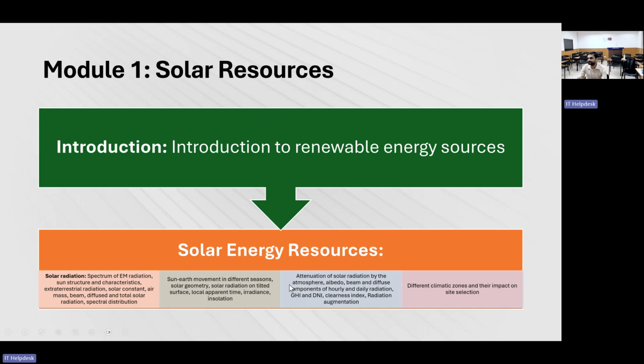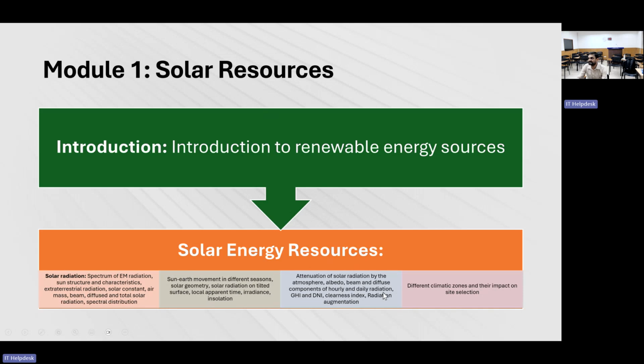Now coming to the other principles and phenomena related to the solar insolation coming to the Earth's surface, like albedo, beam, diffused components of hourly, daily radiation, GHI, DNI, and clearness index. These will be covered in the third part of this module.